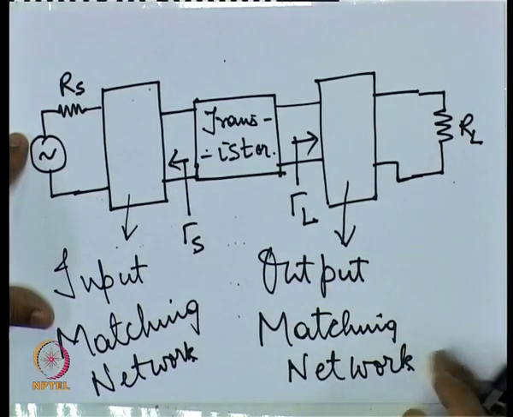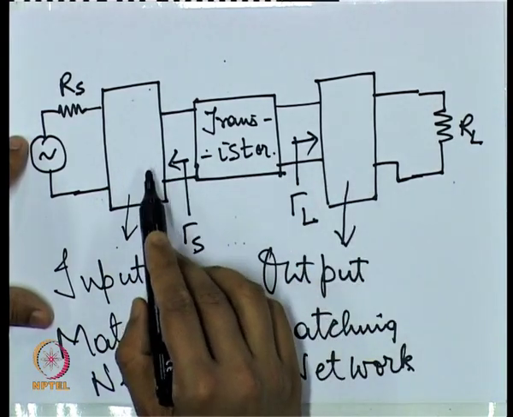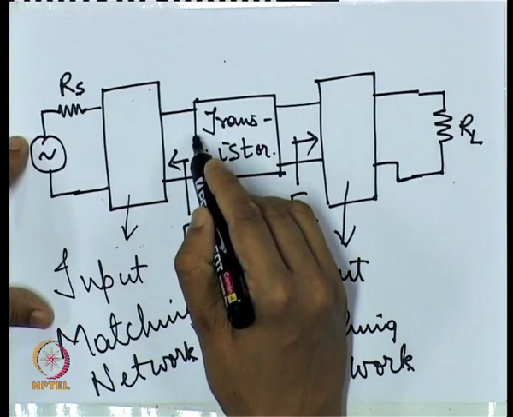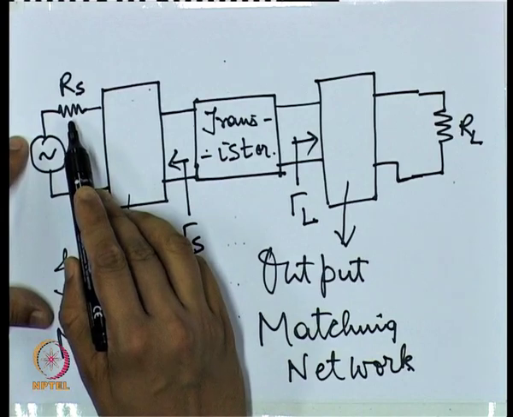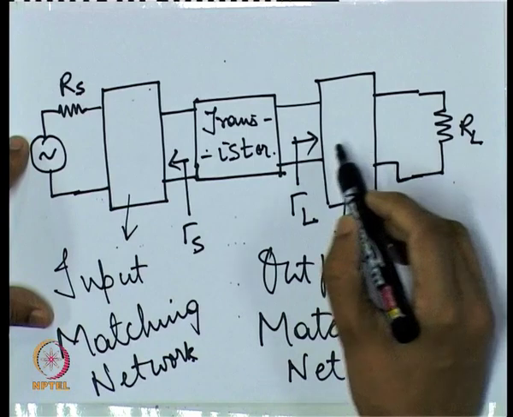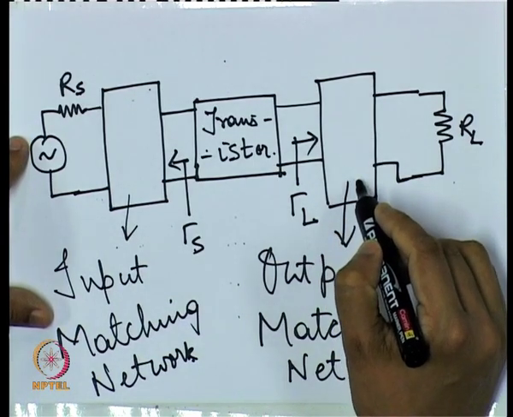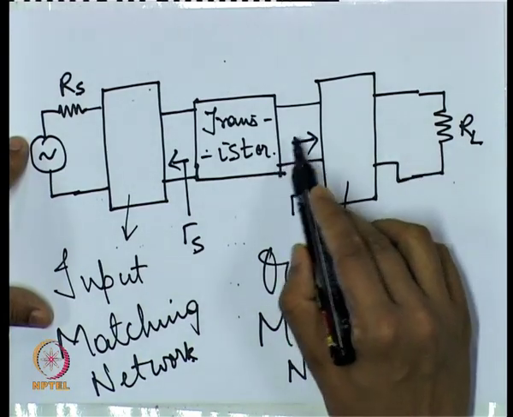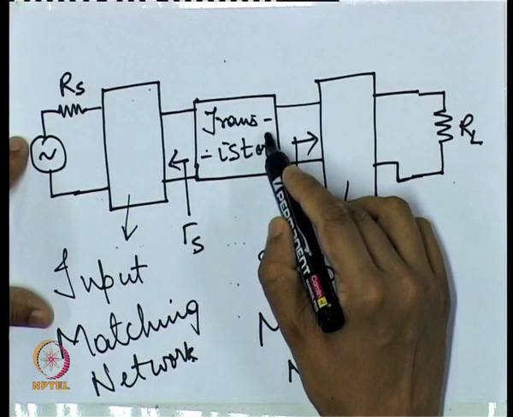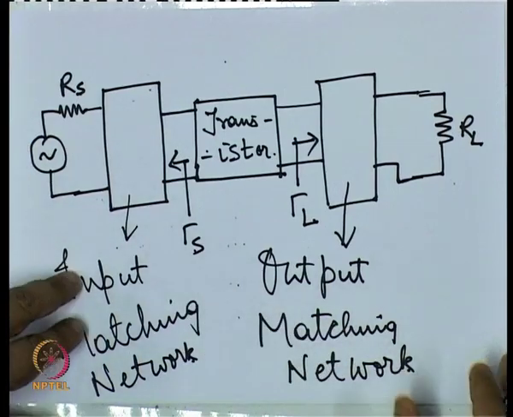Now, our input and output matching network has to be properly designed so that the output impedance that we see here is converted to this generator source impedance. Similarly, here also my output matching network has to be designed in such a way so that at the output of the transistor, whatever impedance exists, that is the output impedance of the transistor, is converted to the load impedance. How do we do that?